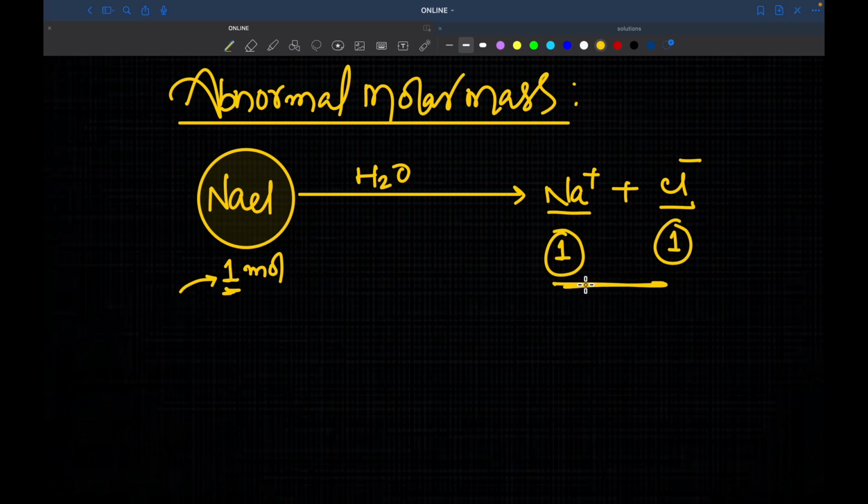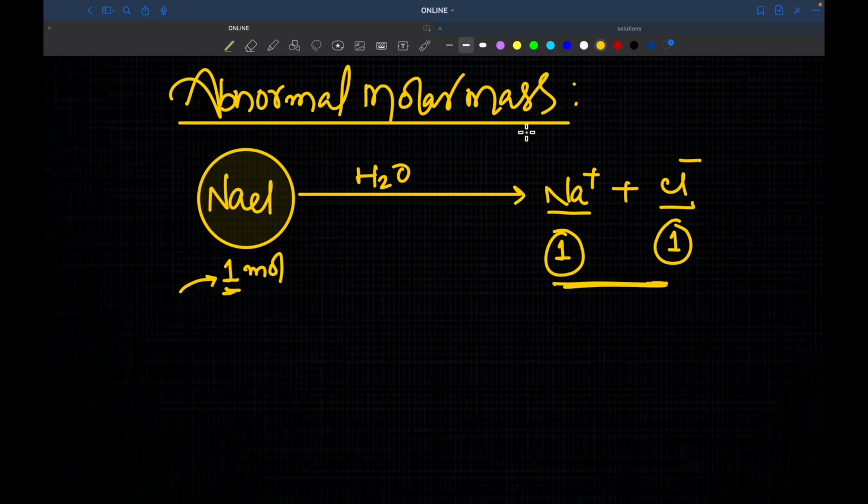Therefore, molar mass calculated by the colligative properties is definitely going to have an error. So this is applicable for non-ideal solutions, and for all non-ideal solutions we have to correct these results.